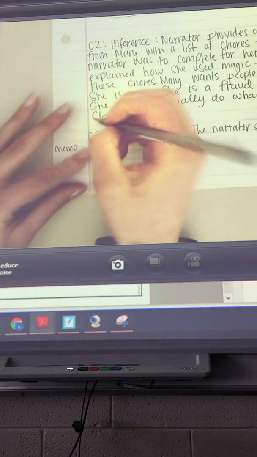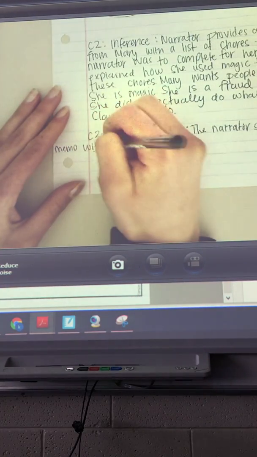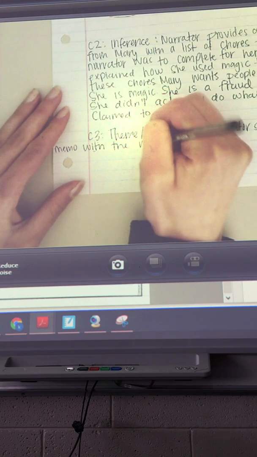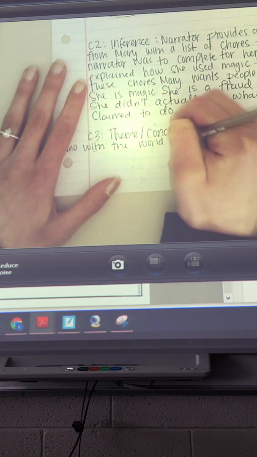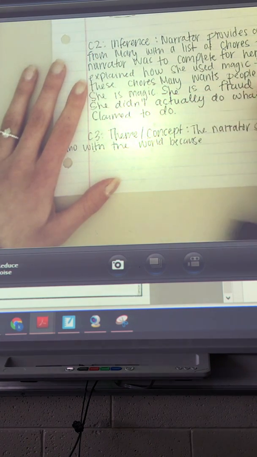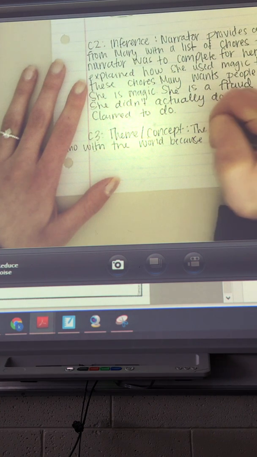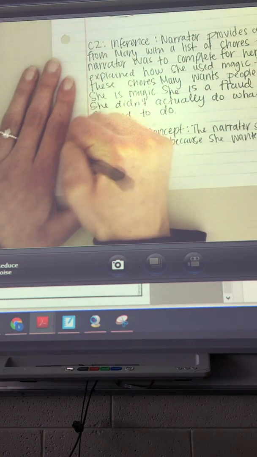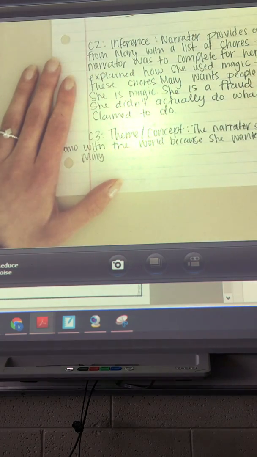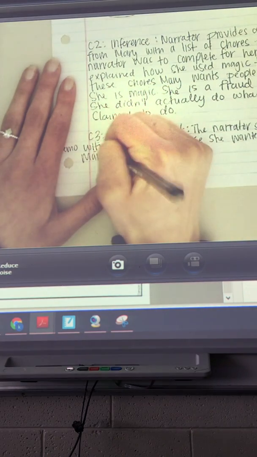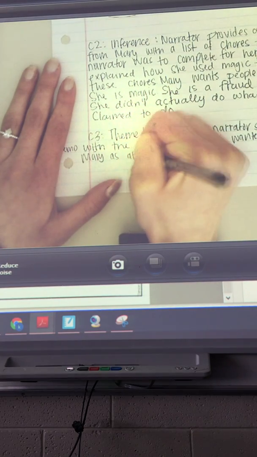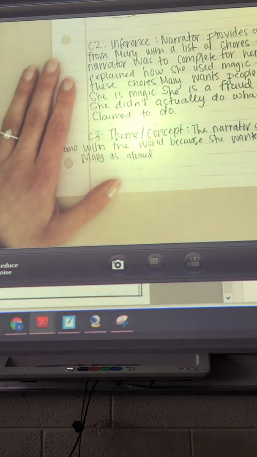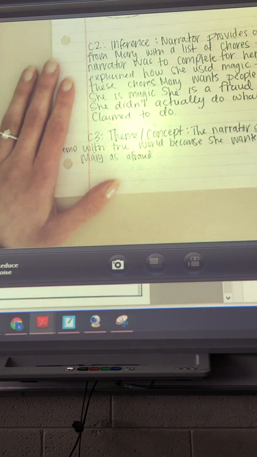The memo with the world because she wanted to expose Mary as a fraud, right? She wanted people to know that she didn't have magical powers, she was a fraud, she was lying.